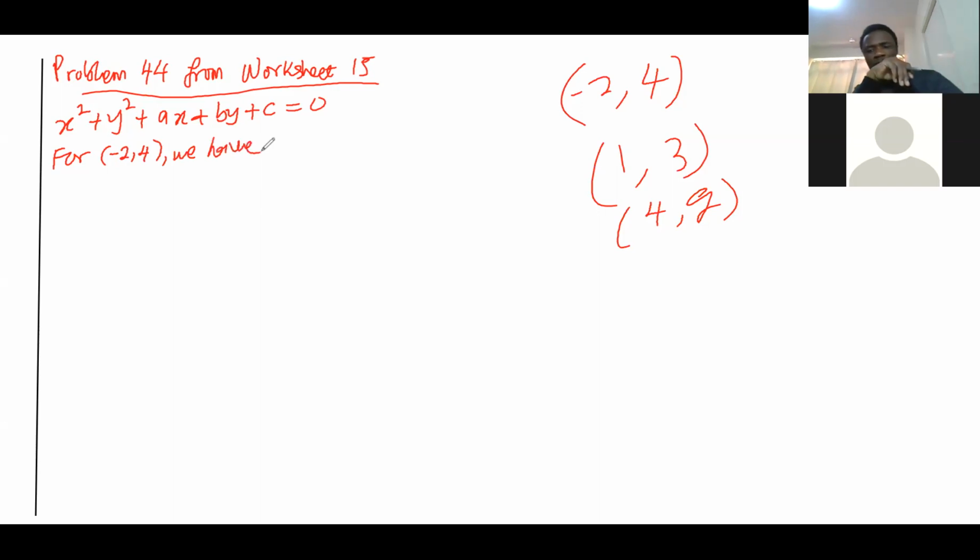So for (-2, 4), if you put -2 and 4, you get (-2) squared plus 4 squared plus a(-2) plus b(4) plus c equals 0.